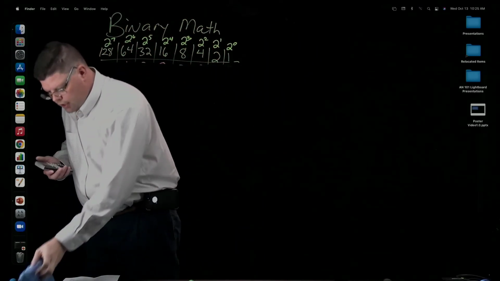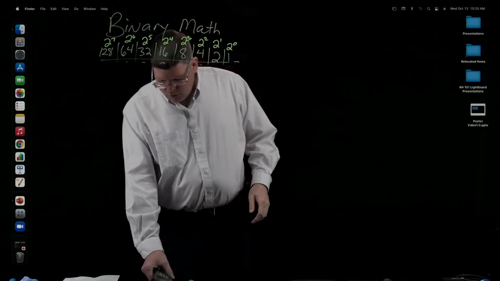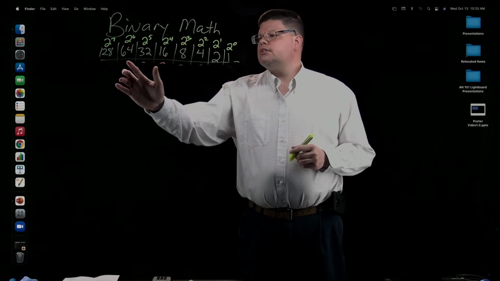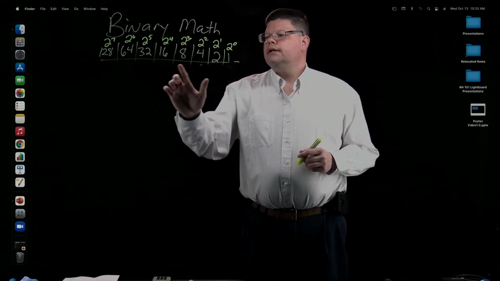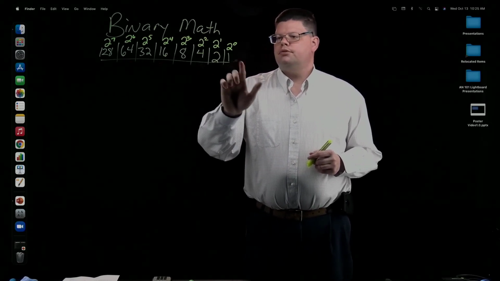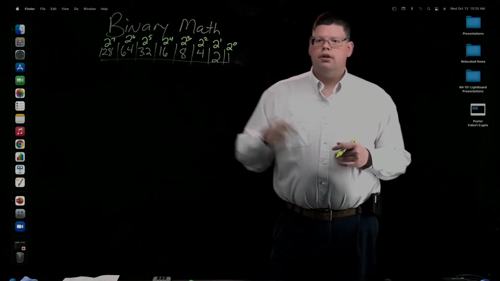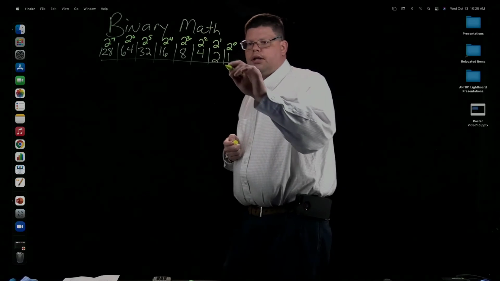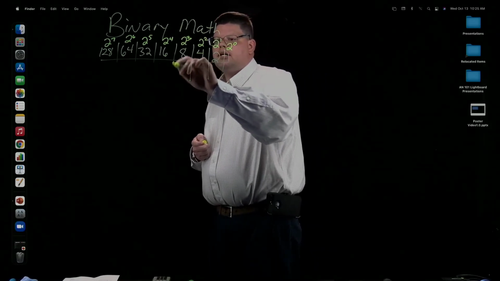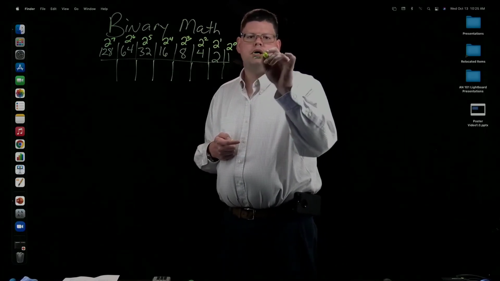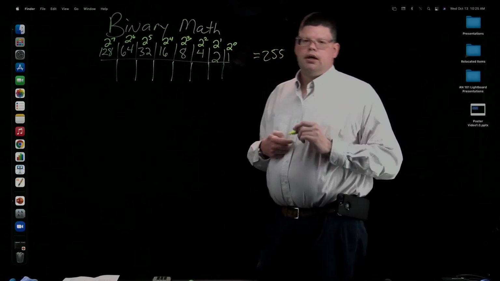So, some tricks I'm going to show you here. The tricks involve maximum numbers that we can use. The maximum number that we can have in a byte is the sum of all of these numbers, which comes out to be 255.